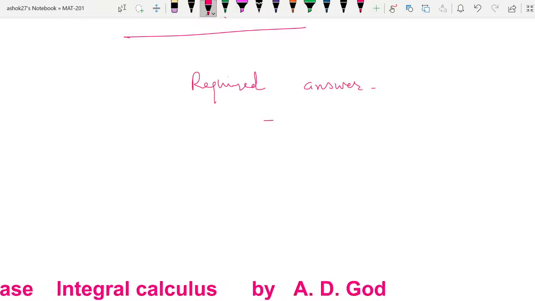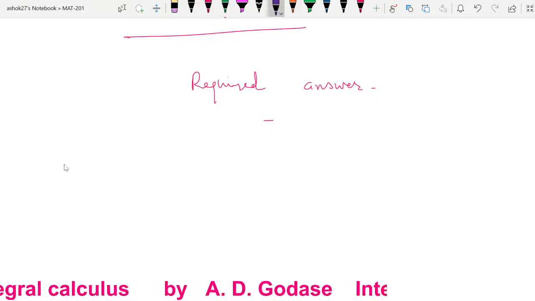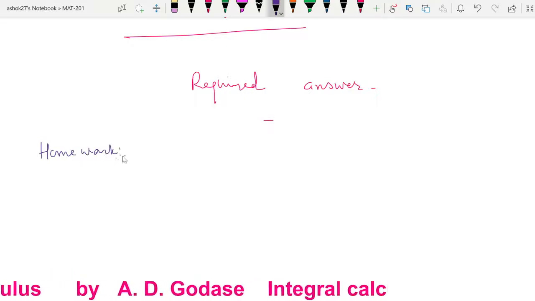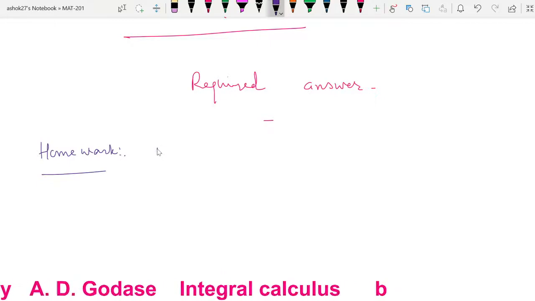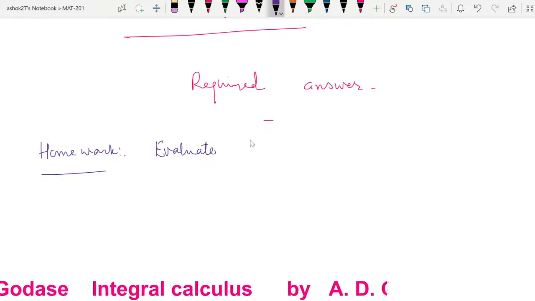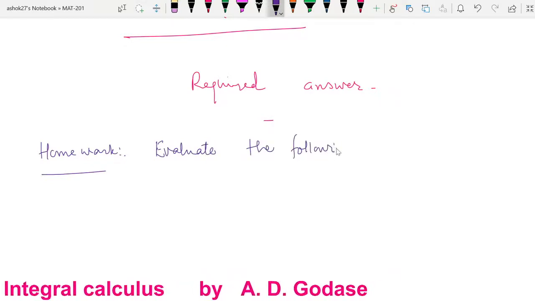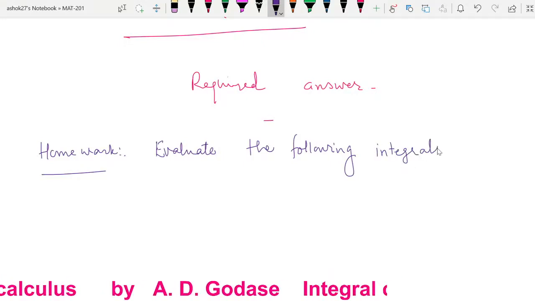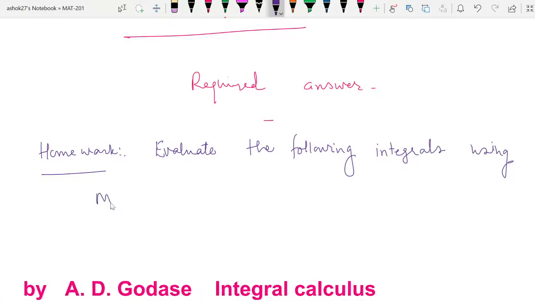Homework: evaluate the following integrals using methods of integration.